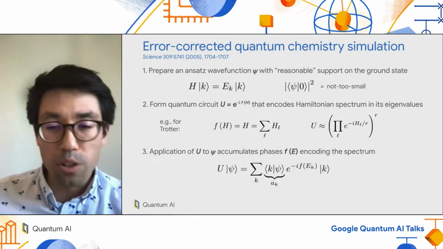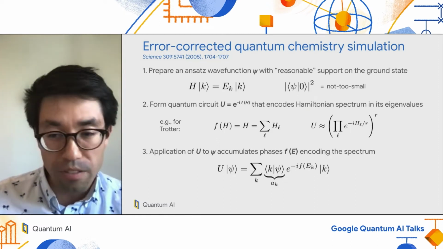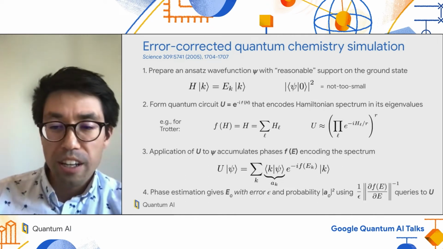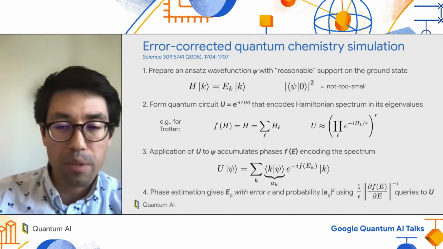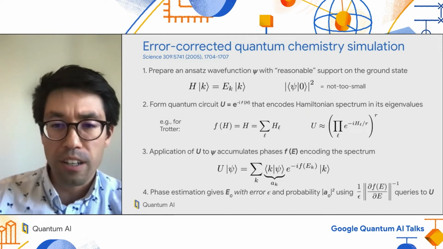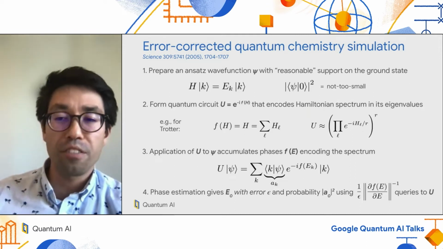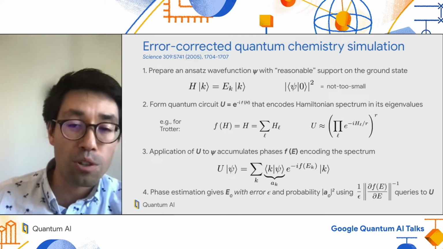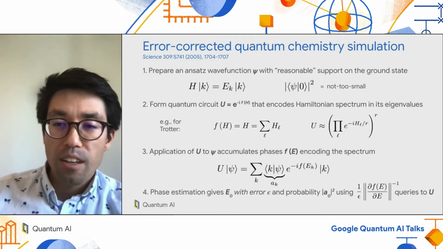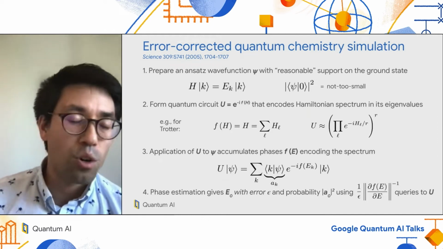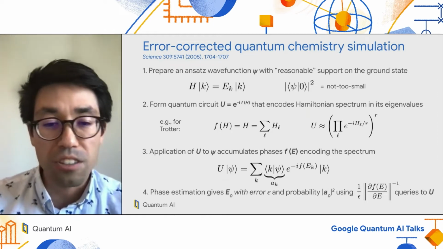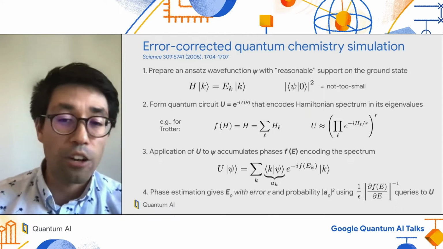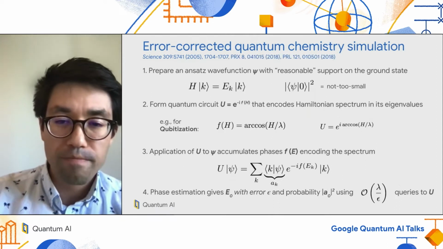Those of you who are familiar with quantum computers might know that they're very good at learning phase differences, and you might guess where we're going with this. If we perform this time evolution, this controlled unitary, we'd be able to read off the phase difference with a number of queries of U proportional to 1 over epsilon. If we want to quantify the cost of quantum resources to leading order, we need to quantify the cost of implementing this U and scale that by the appropriate factors.